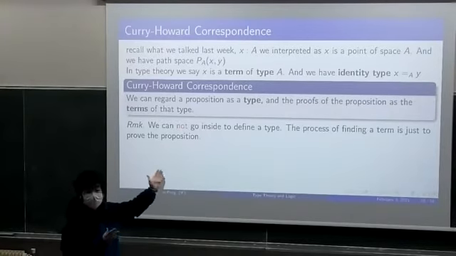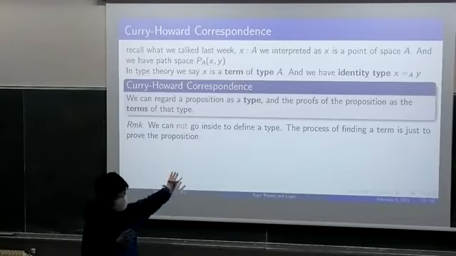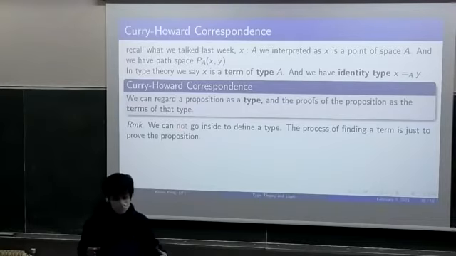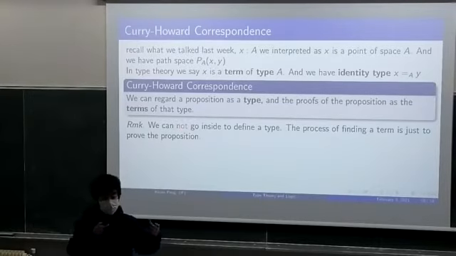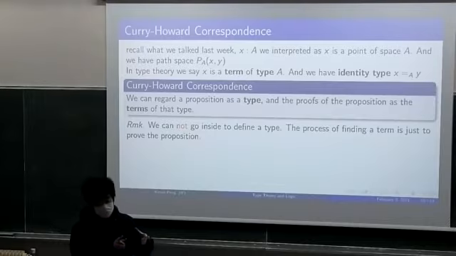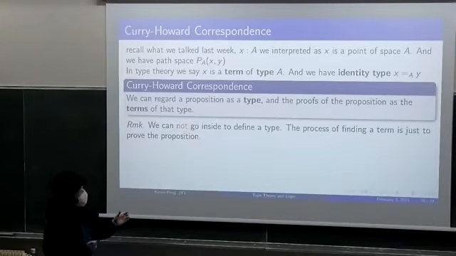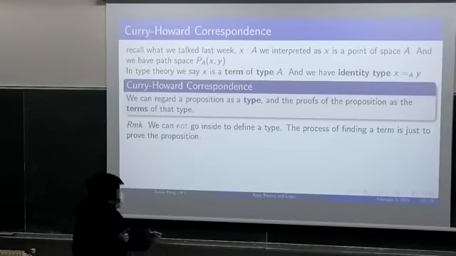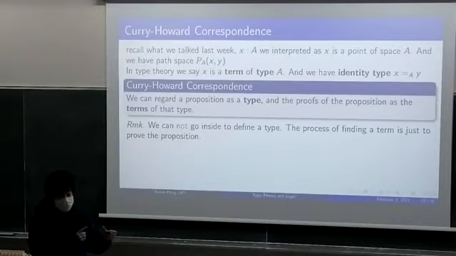Here, as I will talk about next week, the type is defined by some universal property. So we define the space by a universal property, and we try to find a term inside the space, the type. The process of finding a term is just the process of proving the theorem.